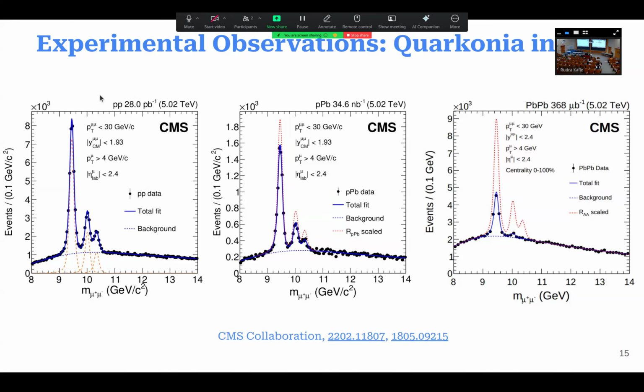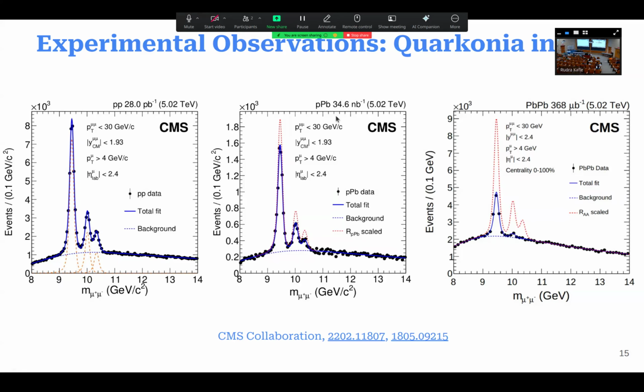In proton-proton collisions, if you plot the invariant mass of the decay products of these different quarkonia states, you see peaks in the event reconstruction plot, and these peaks are the different bottomonium states. Around 9.5 GeV is the 1S state, around 10 GeV is the 2S state, and around 10.35 GeV is the 3S state, detected in proton-proton collisions.